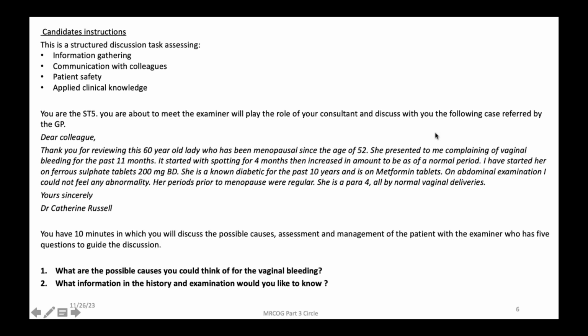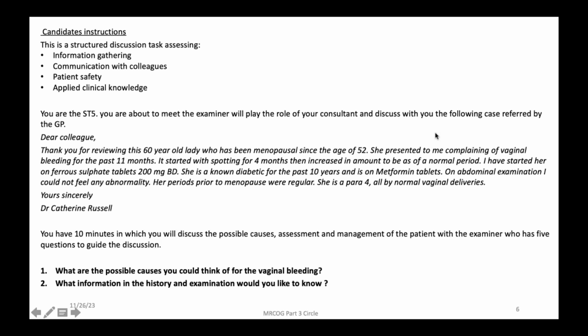Chaitra, if you want to proceed, you can. I was trying to type. Actually, I don't know where to type this chat. That's why I couldn't communicate with you before. Oh, okay, that's fine. Yes, ma'am. You can start.